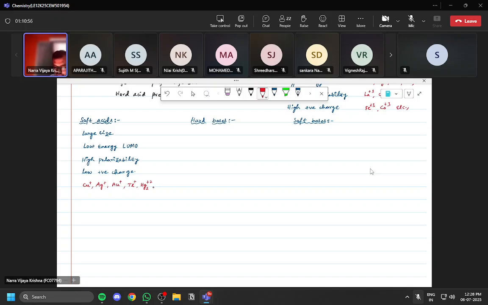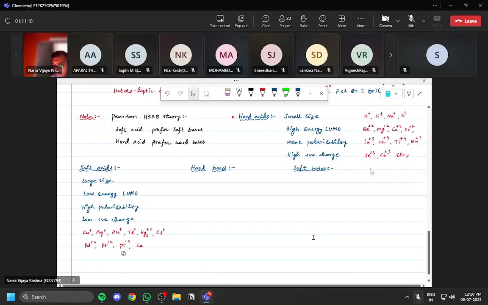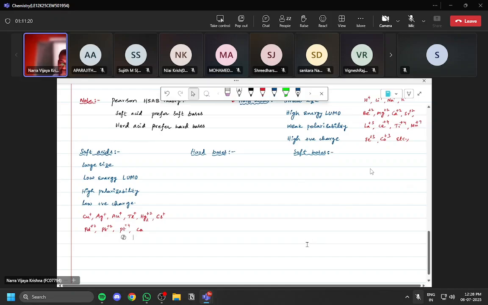Correct? Cesium +, larger size, that's why soft. Palladium +2, platinum +2, platinum +4. Calcium +2 we wrote here, maybe cadmium +2.